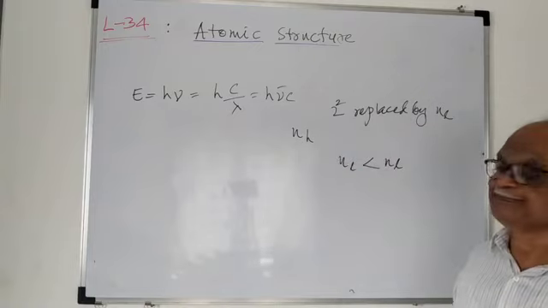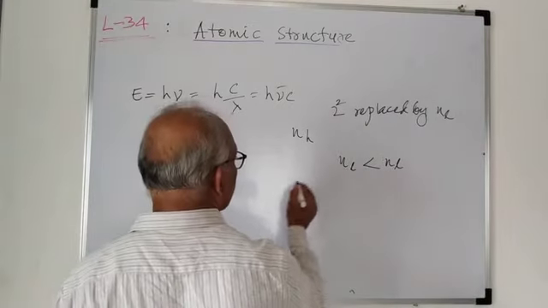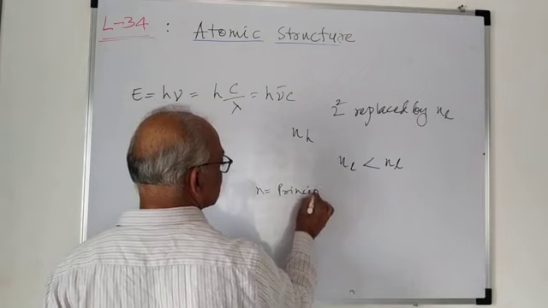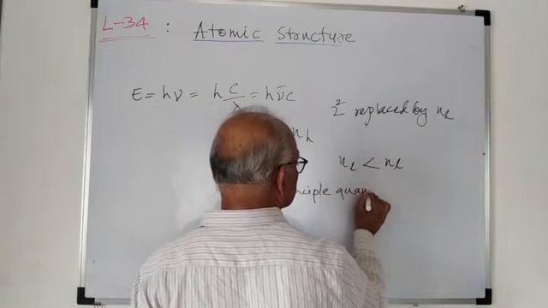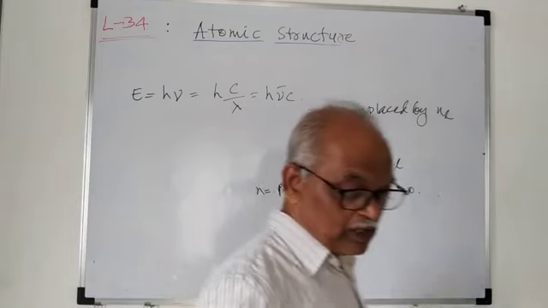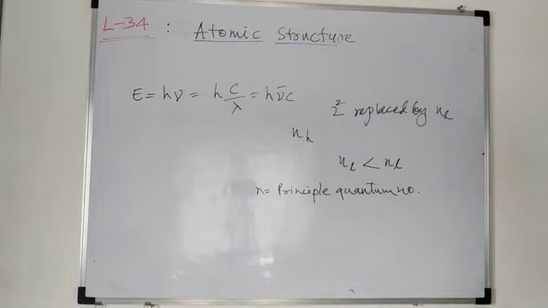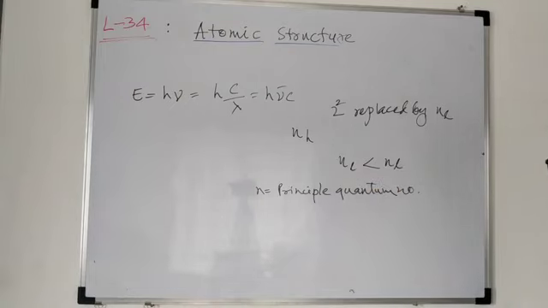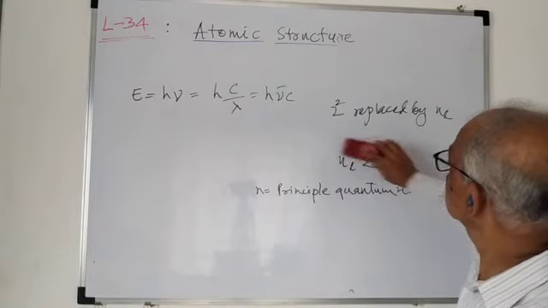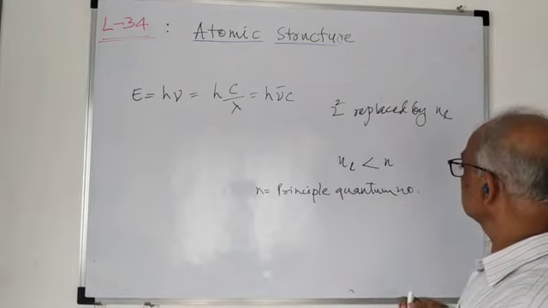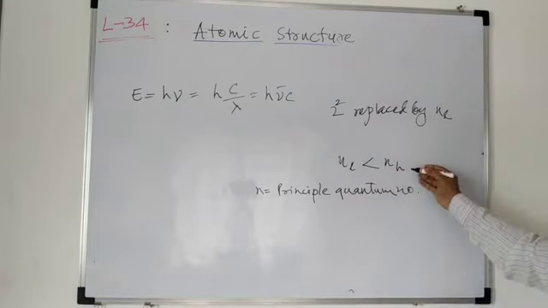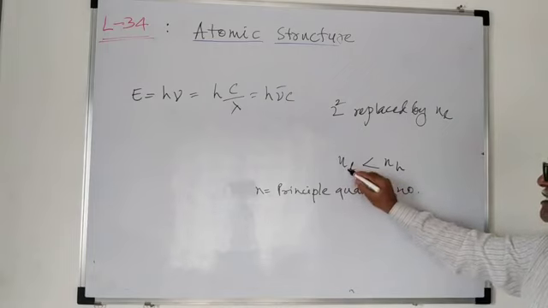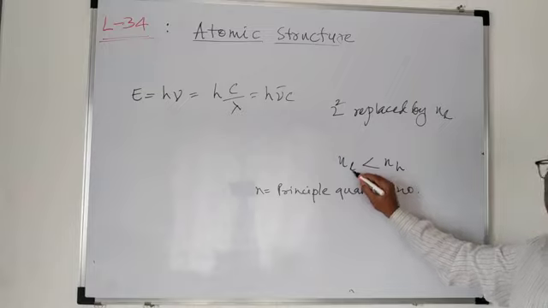What is meant by n here? n is the principal quantum number. nL is the lower energy level, and nH means the higher quantum number or higher level number. nL should be less than nH.